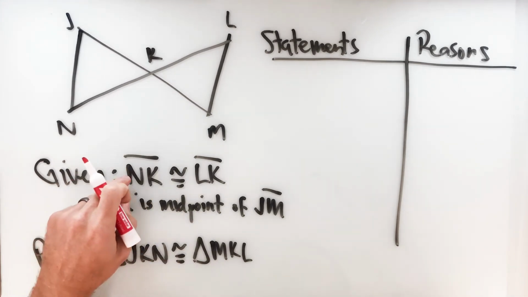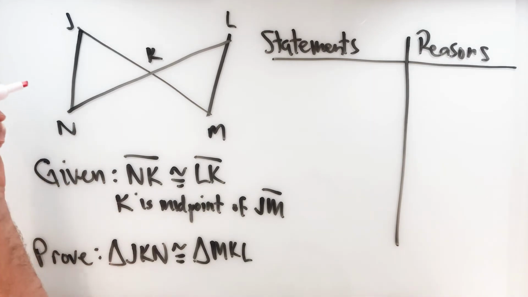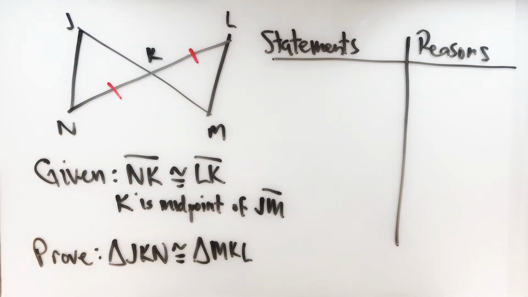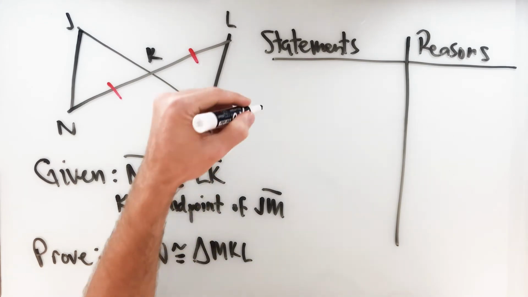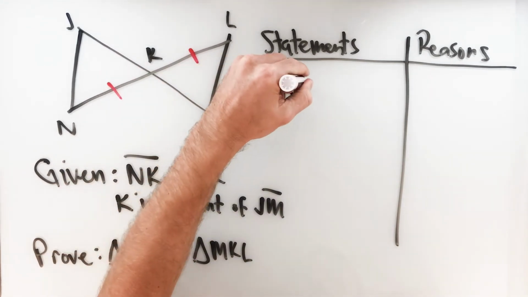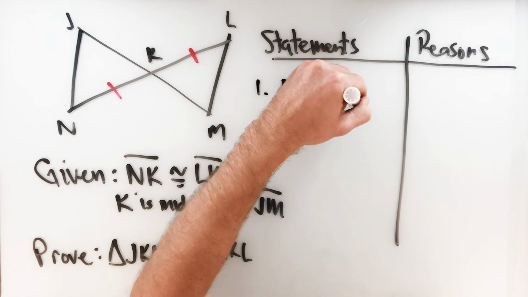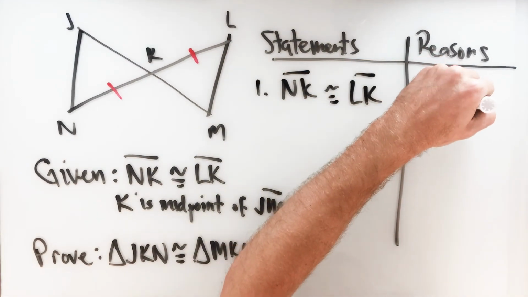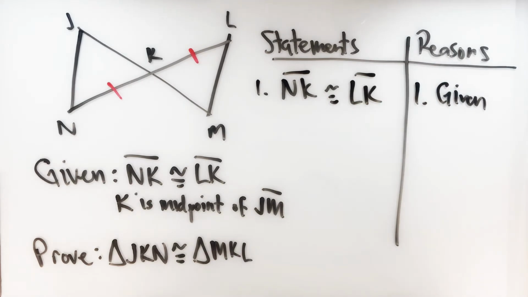So the first thing you see, NK is congruent to LK. So NK, this segment here, is congruent to LK, that segment there. We know that's true, so we're going to make that statement. Segment NK is congruent to segment LK. How did we know? It was given. We've got something else that's given.